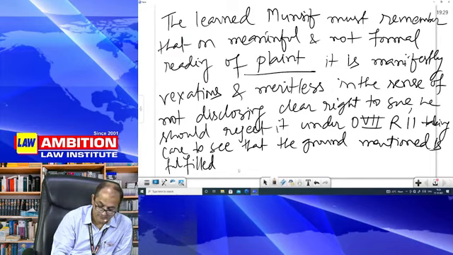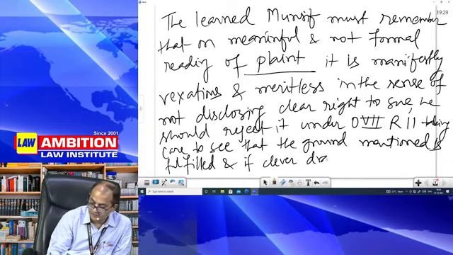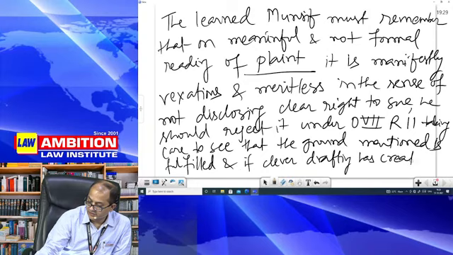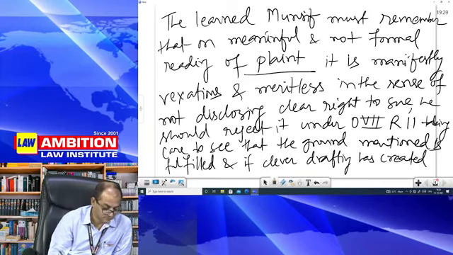And if clever drafting has created illusion of, this is very, very important, has created illusion of.